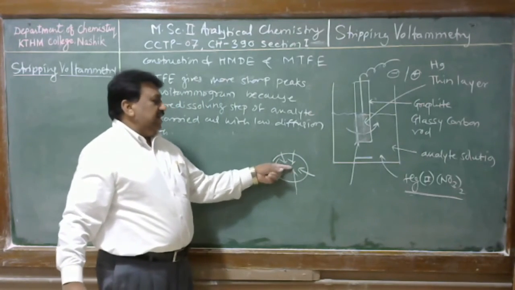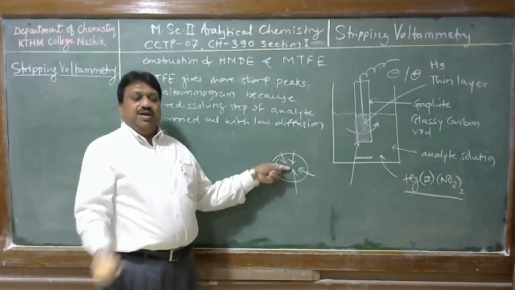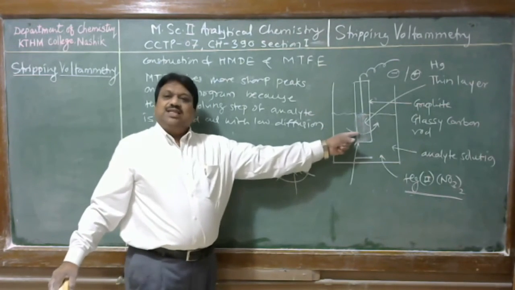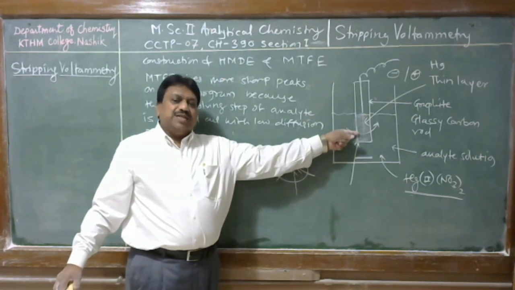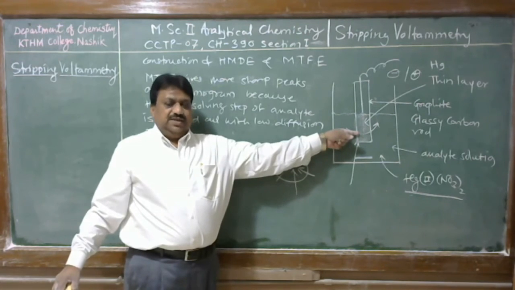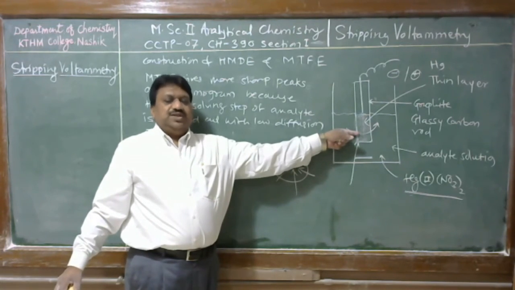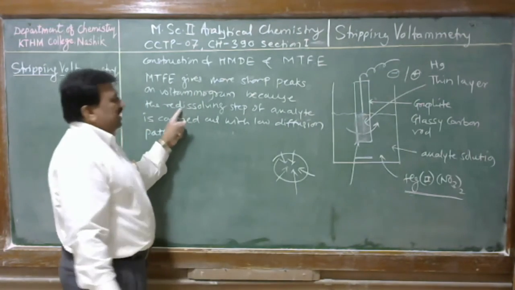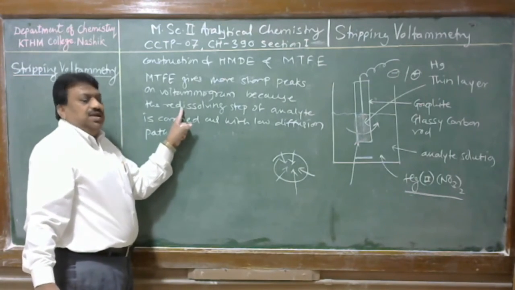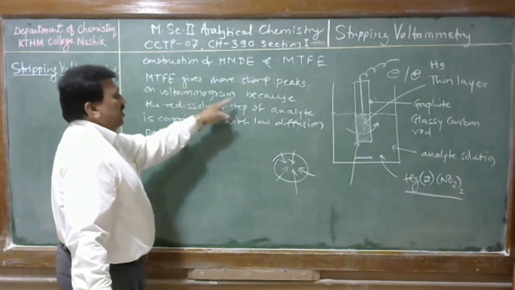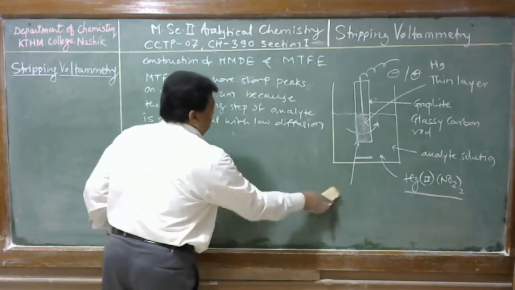Therefore, this electrode provides a longer path for the redissolution process, while this electrode provides a shorter path for the redissolution process. And due to this, sharp peaks are obtained on the voltammogram where the mercury film electrode is used.